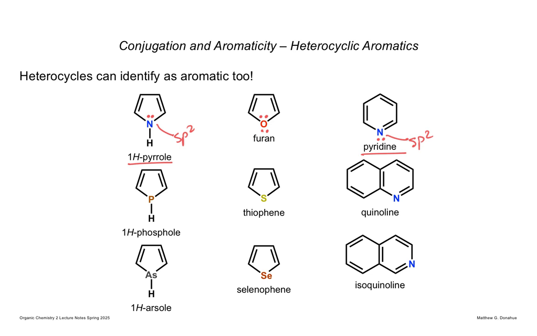The take-home message of that is, as part of the definition of aromaticity, all of the atoms in the system must be sp2 hybridized. Just as we saw with conjugation, the carbons of the alkenes are sp2 hybridized. So if pyrrole is aromatic, that means the nitrogen in pyrrole must be sp2 hybridized.